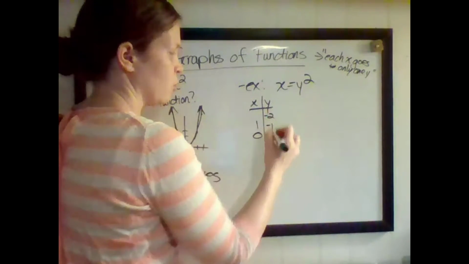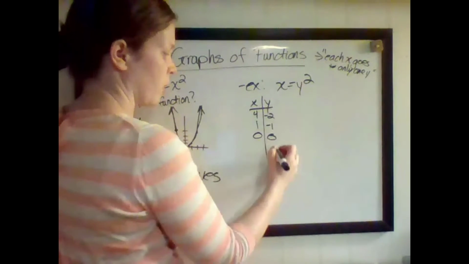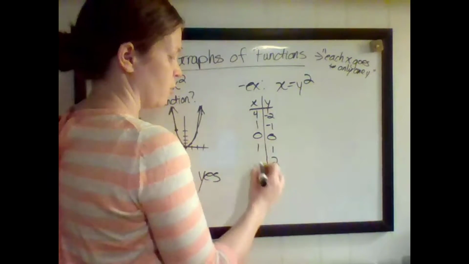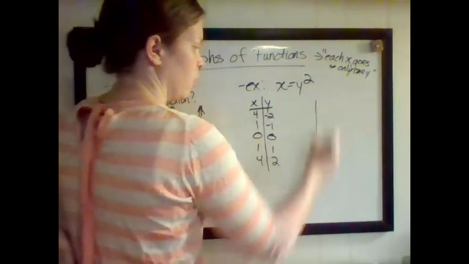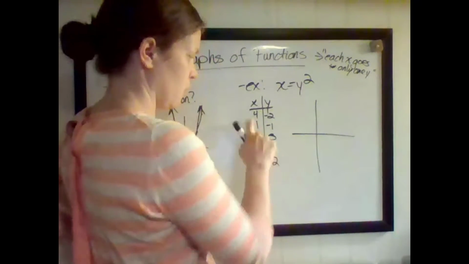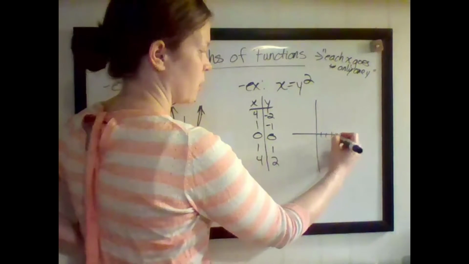Or if I plug in -2 for y, -2 squared is +4. If I plug in +1 for y, x will be 1. +2 for y, x will be 4. I kind of went backwards in my order in terms of input-output, but these all work in that equation.